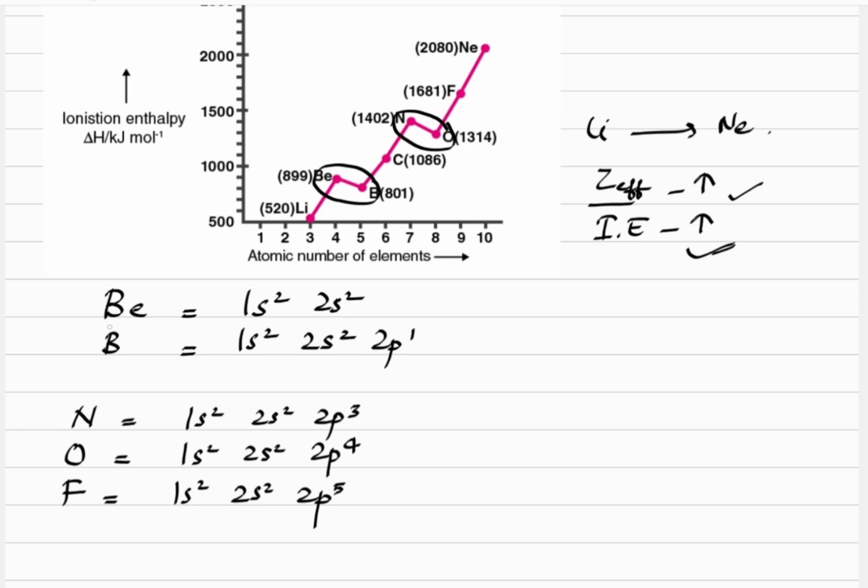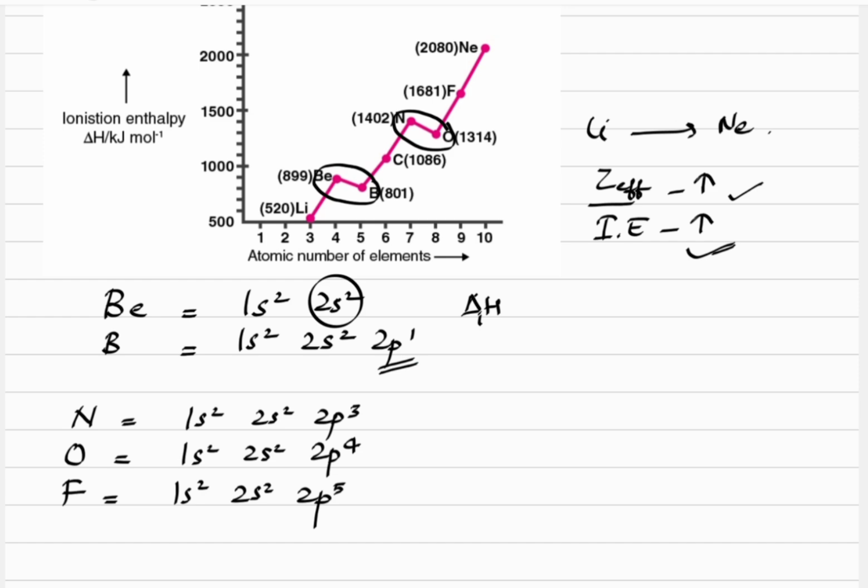So let's see the first case. Beryllium is 1s2 2s2, and boron is 1s2 2s2 2p1. So ionization energy, meaning removing the electron, right, the outermost electron. In beryllium, the outermost electron is in 2s2, and in boron, the outermost electron is in p.